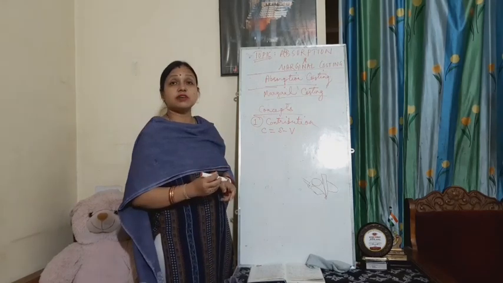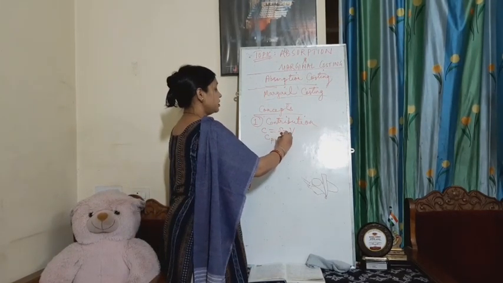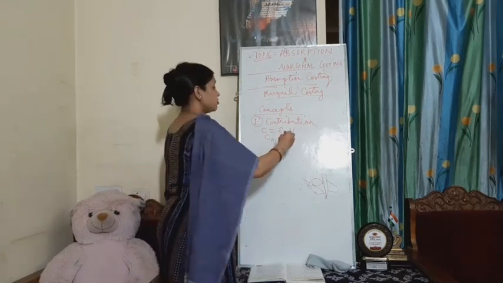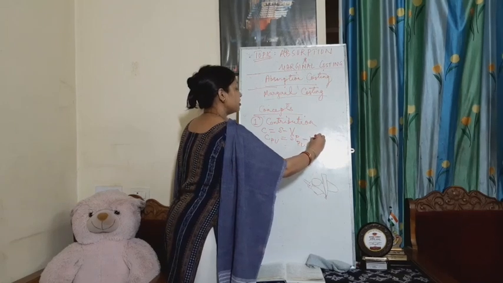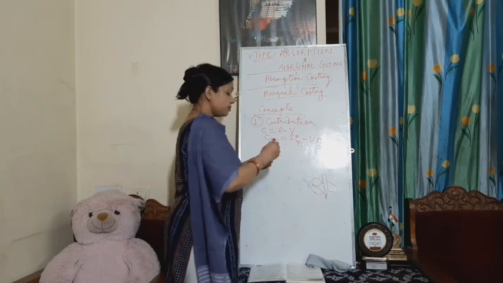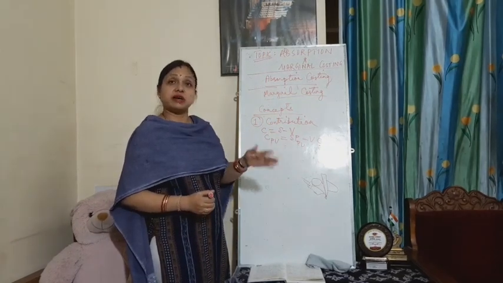Contribution can also be calculated per unit. We denote it like this: CPU, meaning contribution per unit, equals selling price per unit minus variable cost per unit.